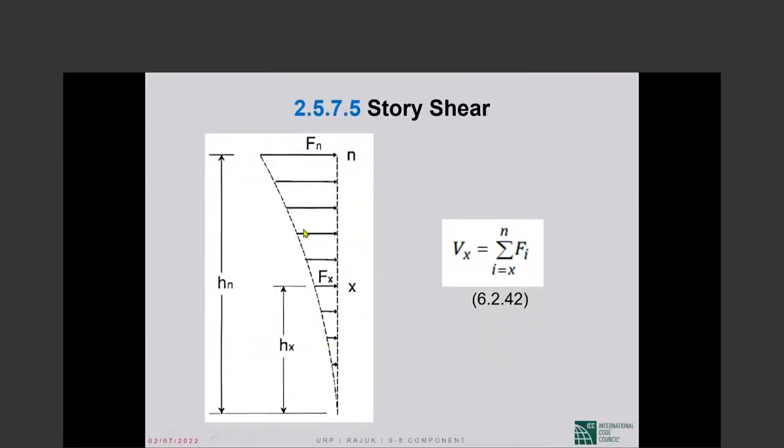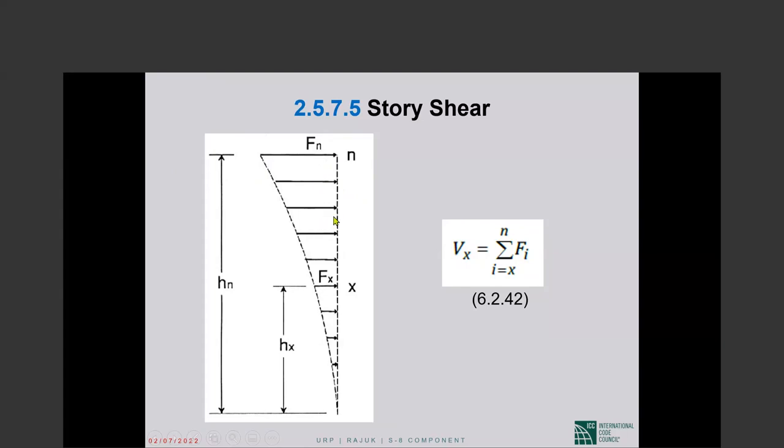Once you have distributed V, you don't have the base shear in the picture anymore. What you have are those F sub X forces at the various floor levels. Quite often, we look at and talk about the story shear V sub X. The story shear here in this top story is the top force F sub N. The story shear here is the sum of the top two forces.